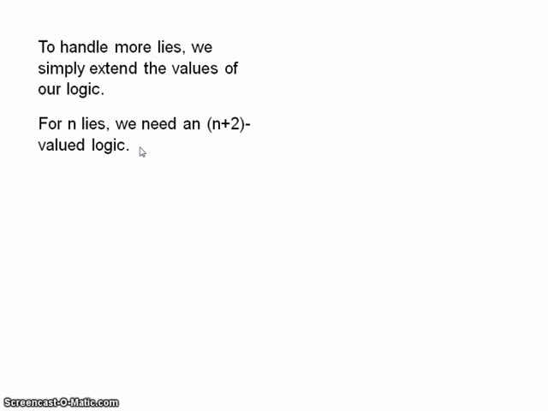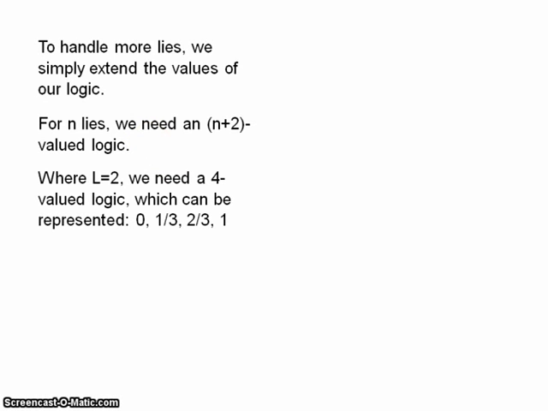So where we have 2 lies, we need a 4-valued logic, and the values may be represented 0, 1/3, 2/3 and 1. And it's fairly easy to see how this can work. Suppose we have a search space of 3 numbers, 1, 2, 3. Our unknown number is 3, and we have 2 lies. Well, let's look at a sample game.